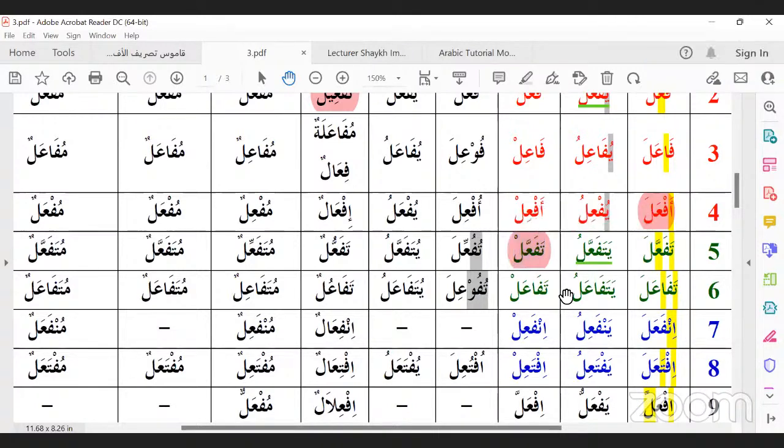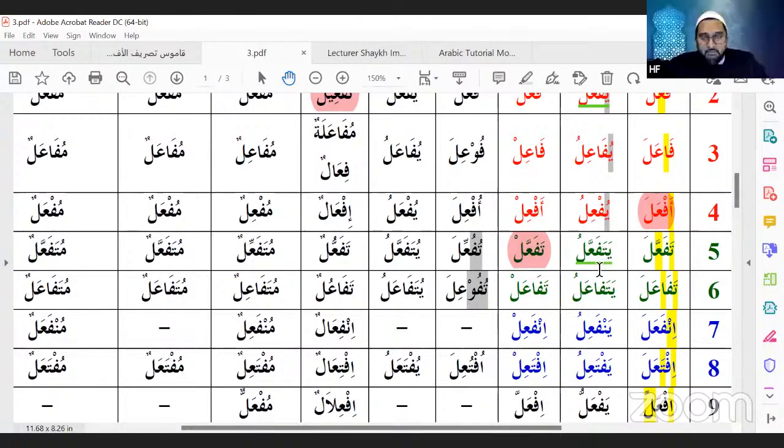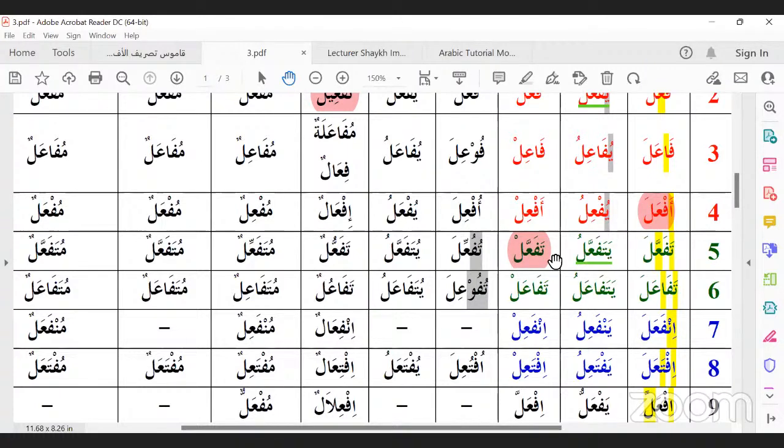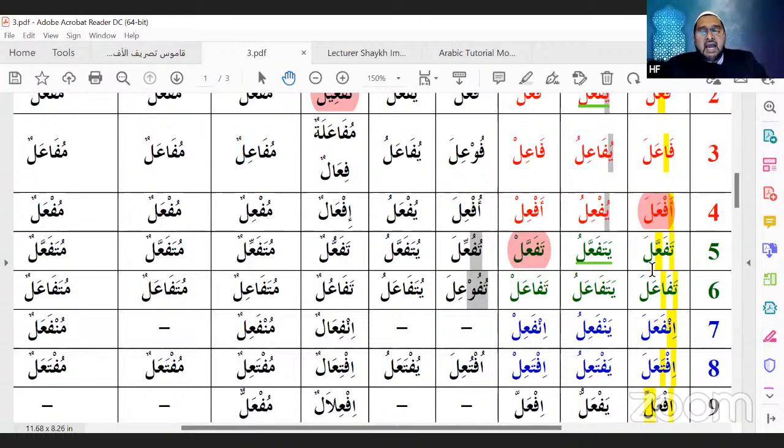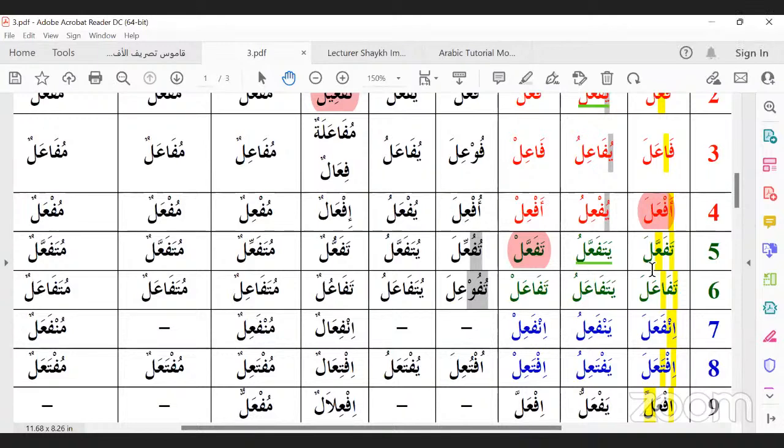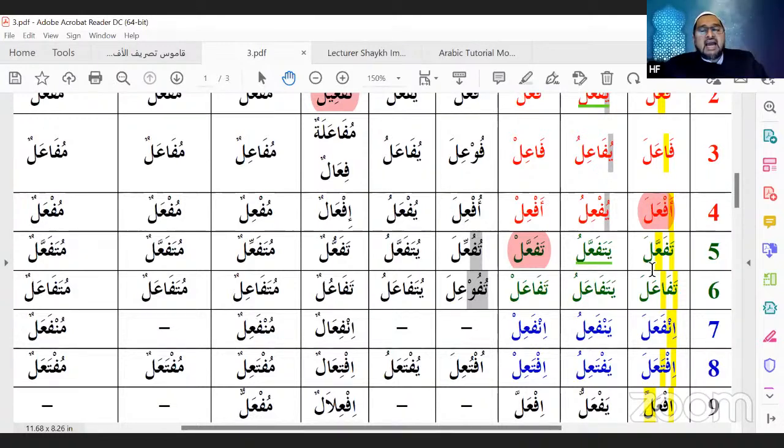So you drop the ya and you start from ta. So tafa'al. So I'll give you an example. Takallama yatakallamu. The imperative will be? Drop the ya. Takallam. The lam should have a fatha. Takallam.